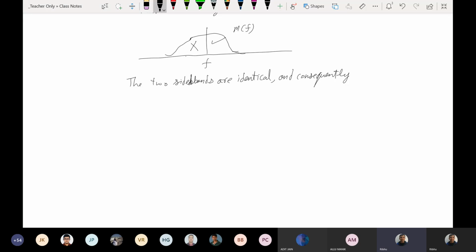The two sidebands are identical and consequently end up wasting bandwidth.